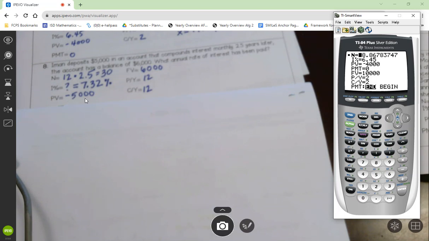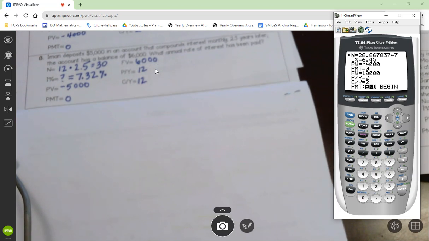I started with $5,000 and I ended with $6,000, and still no payments, and since it's compounded monthly, I have 12 here and here. So if you were to use the calculator on that, then you would get an interest rate, and this one, because it's not money, you can round this to 3 sig figs, and we get 7.32%.